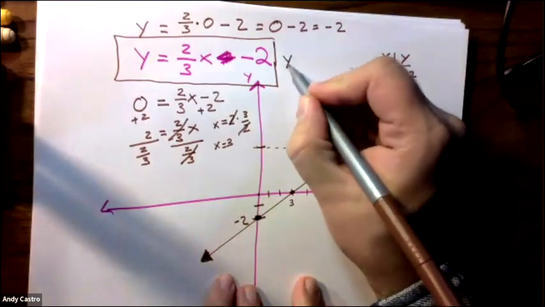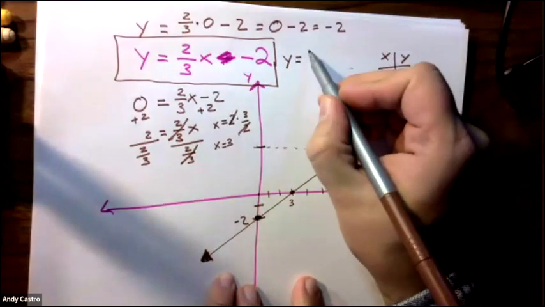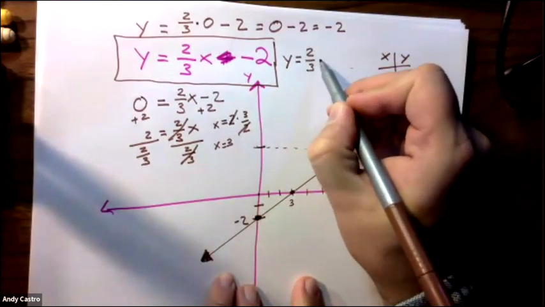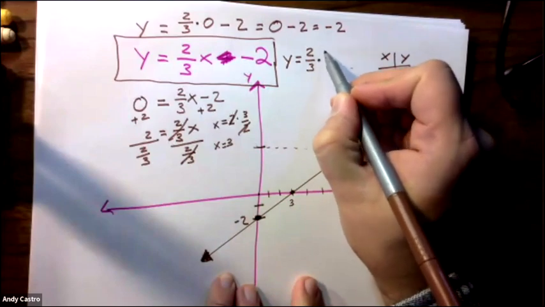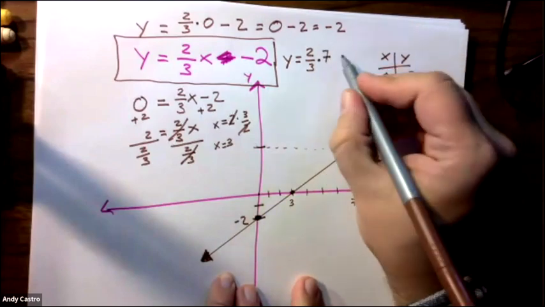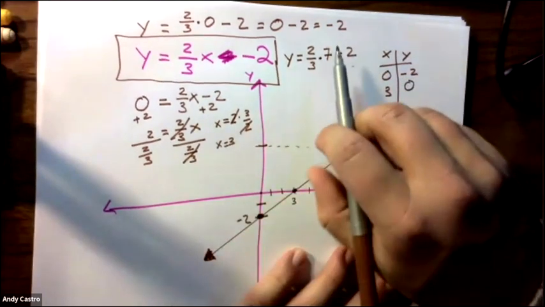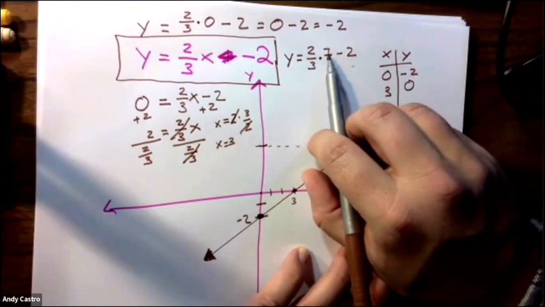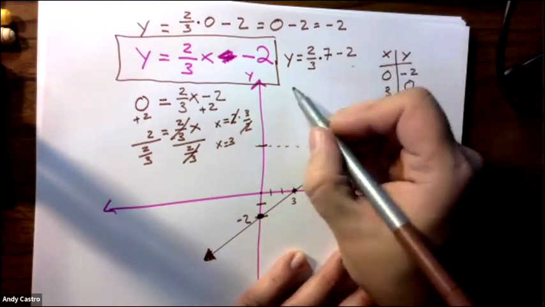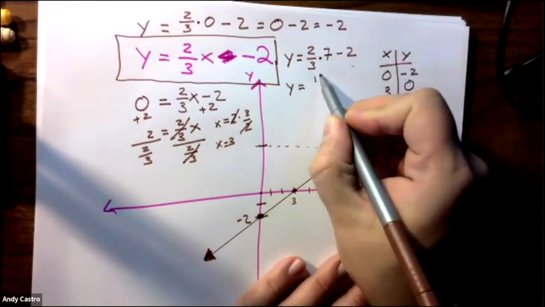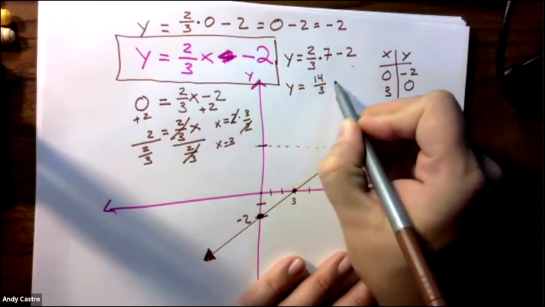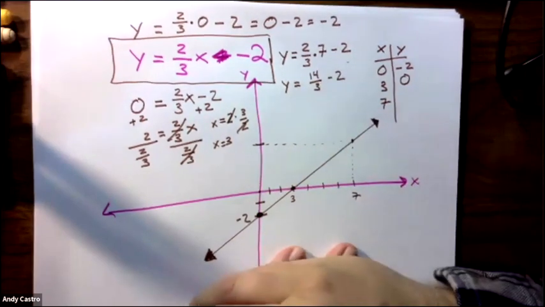So y is equal to 2 over 3 times 7, and then minus 2. All right. 2 times 7 is 14. So I have 14 over 3 minus 2.